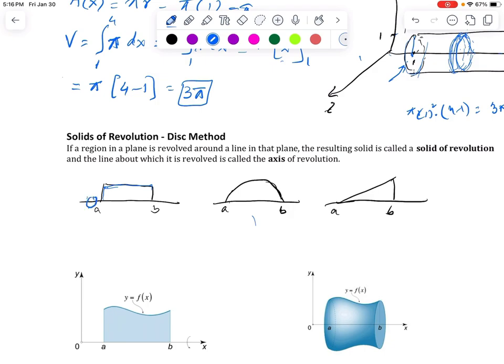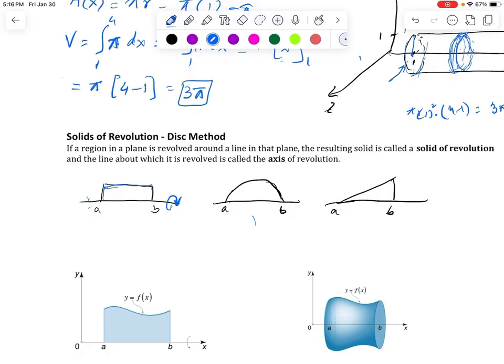If I put my arrow like this, it means we are going clockwise, and if I put my arrow in the other direction, then it will be anti-clockwise.